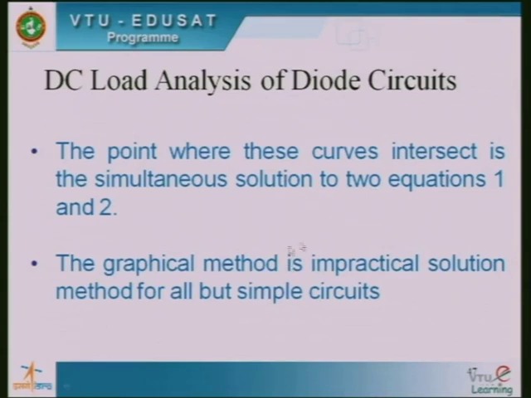The graphical method is an impractical solution method for all but simple circuits. That means this graphical method can be used only for simple diode circuits, but we cannot say that it will be the solution for all problems.